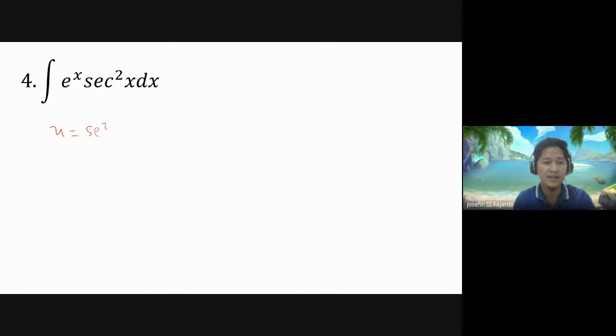Ingat tayo ha. Pag nawala yung c dyan, ang pangit tingnan. So, what would be du? It will be 2 secant x, times secant x tangent x dx, right?